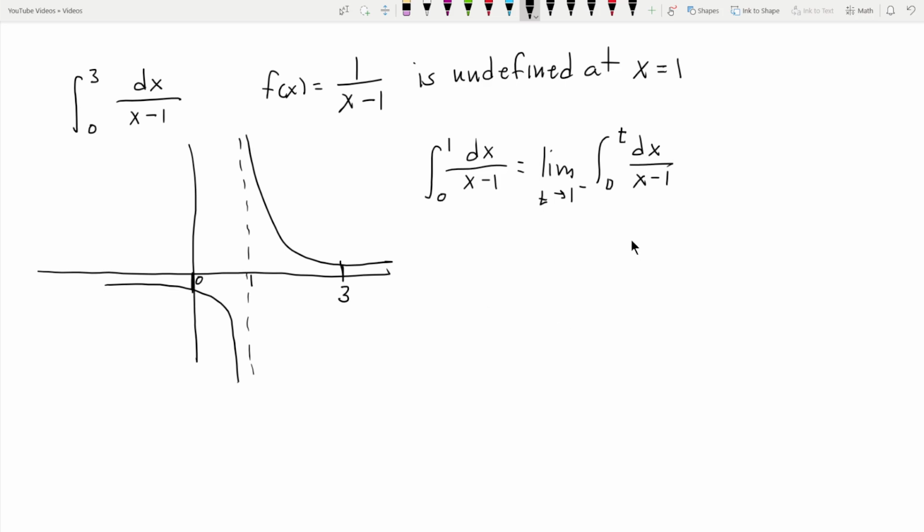The function 1 over x minus 1 is elementary, so it has an antiderivative: ln of the absolute value of x minus 1, evaluated from 0 to t.